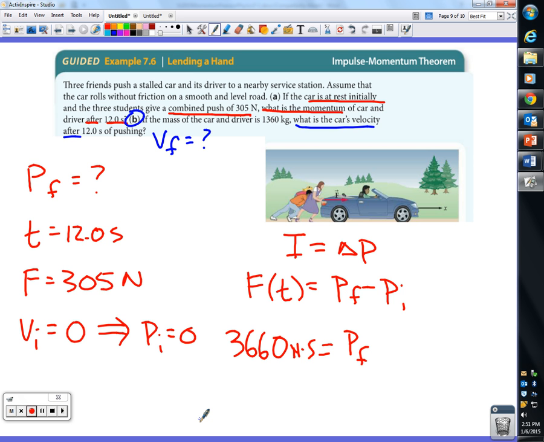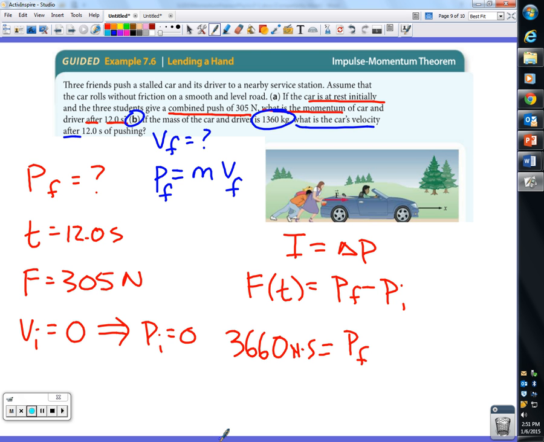The final momentum, and in part B, they gave you the mass. If you know the momentum and the mass, you can figure out the velocity, right? Because we know that P is equal to M times V, and more specifically, P final is equal to M times V final.